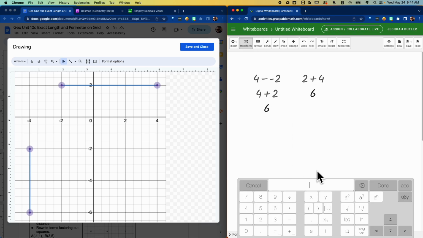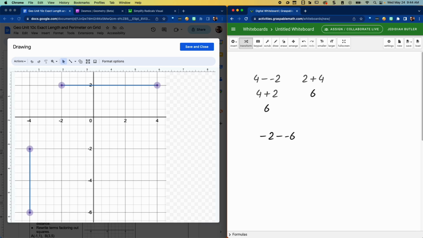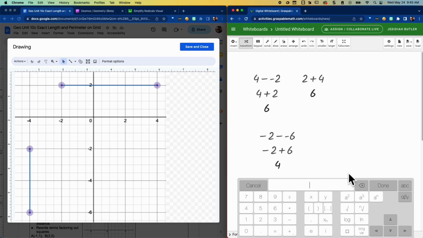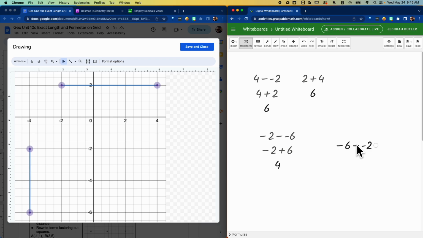One of them is I could say the further number, -2 minus -6, and that's going to give me 4. If I had written it the other way around, say -6 minus -2, that's going to give you a calculation of -4.